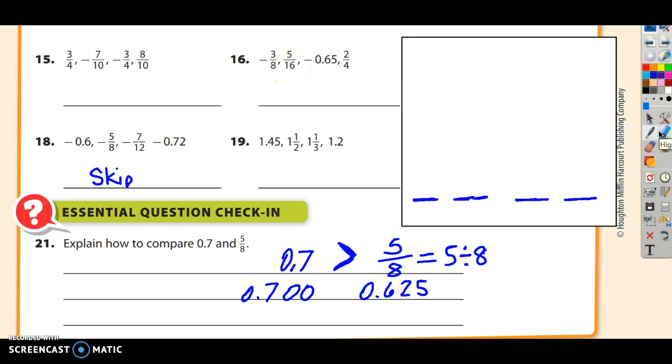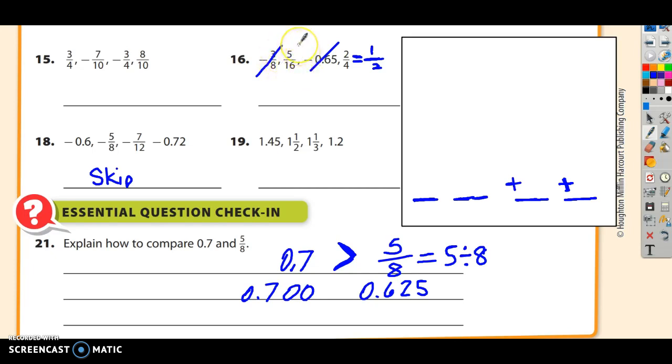For example, I think I'll do my positives first. So just for now, I'm going to get rid of these negatives. And my positives are going to end up over here. This is a positive number, and this is a positive number. And watch what I do. I'm going to notice that 2/4 is equal to 1/2. What about this one right here? Is that equal to a half? 5/16?